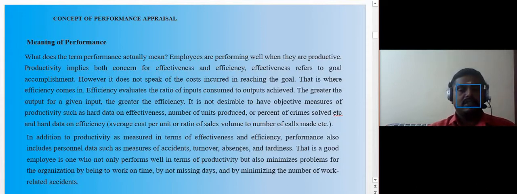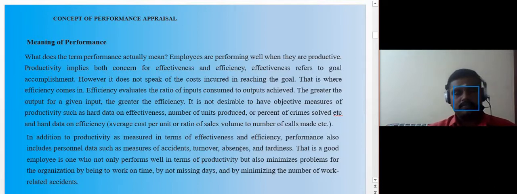It is desirable to have objective measures of productivity, such as hard data on effectiveness, like the number of units produced or percent of crimes solved, and hard data on efficiency, like average cost per unit or the ratio of sales volume to number of calls made.